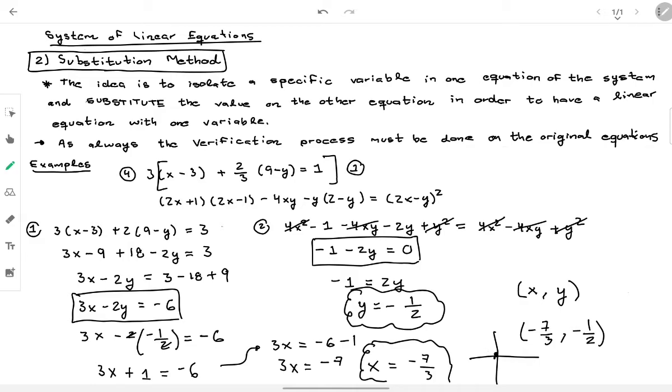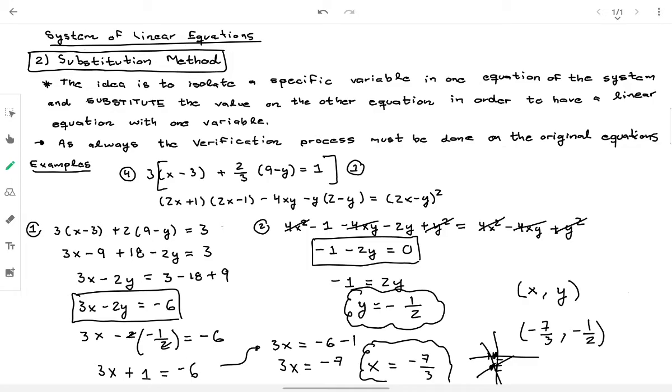If here's the 1, it's going to be at the middle, minus 1/2, minus 7/3. 7 over 3 is like 2 point something, so it's going to be here. So here is where both equations will cross, and that will be the specific point that is the solution for our substitution method.